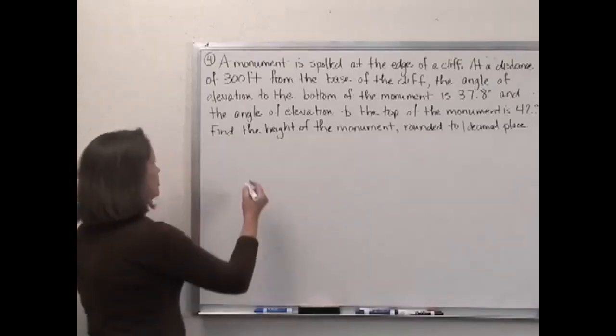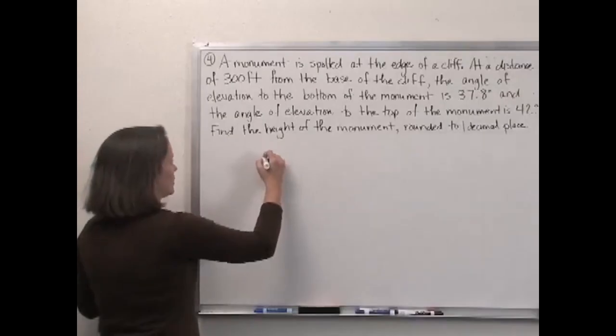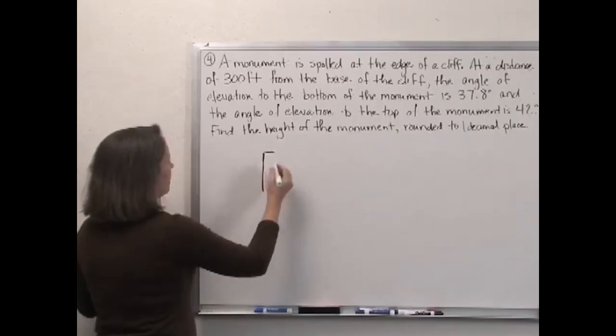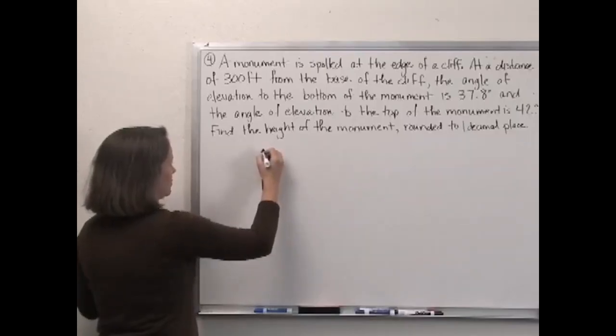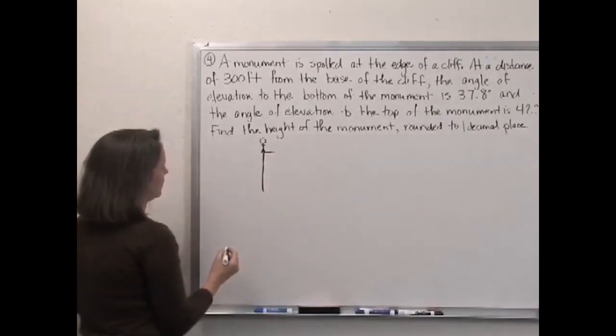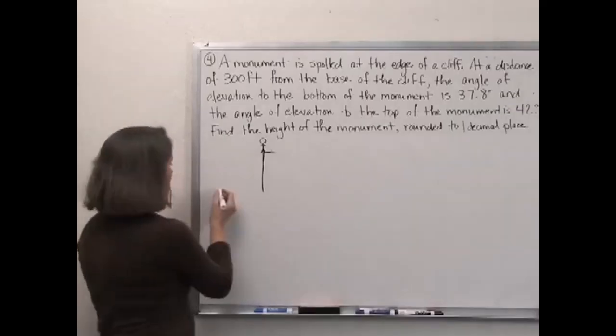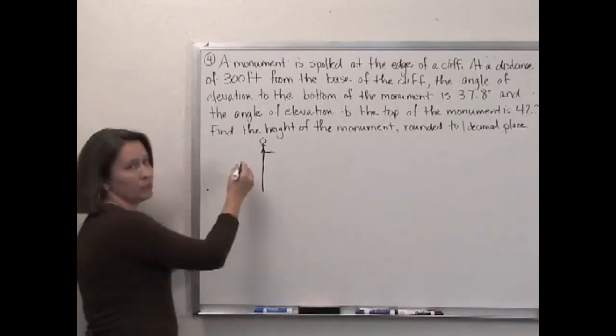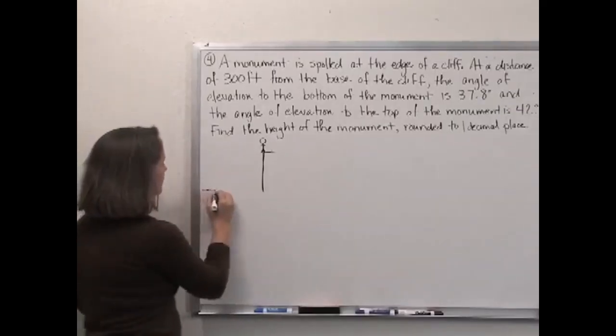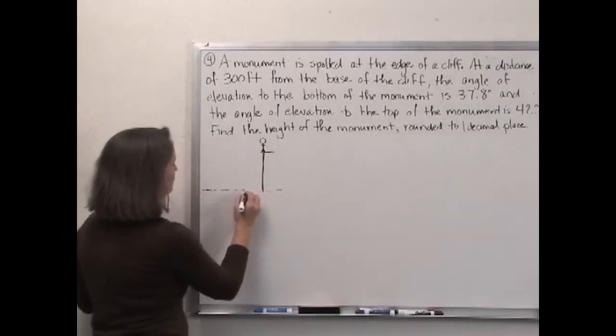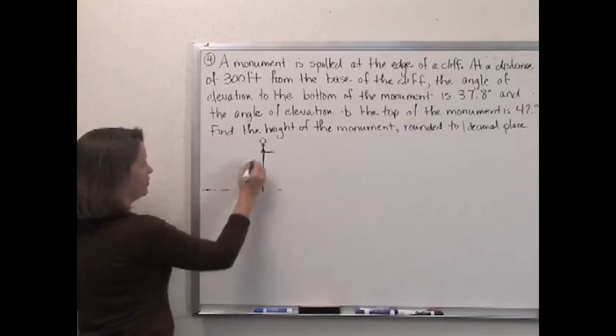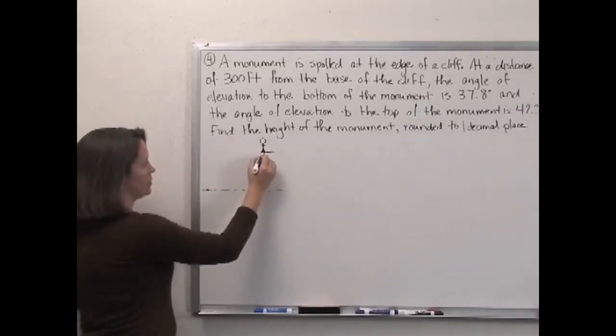So we need to draw a picture. We're going to draw a sort of simple picture. Here's our cliff, and we're going to put a monument of some person on the top of the cliff. Now imagine that you're standing over here 300 feet away from the cliff, and you look up to the bottom of the monument.